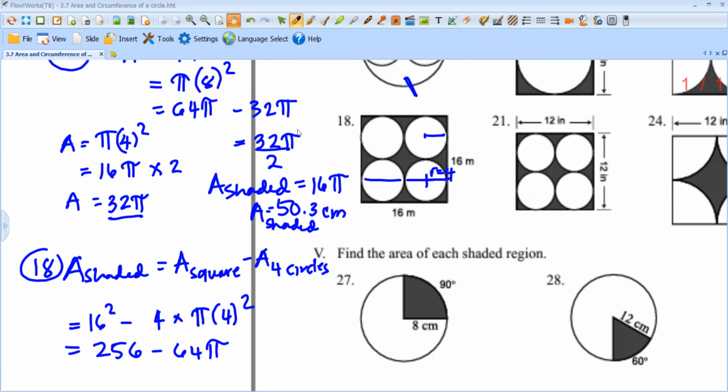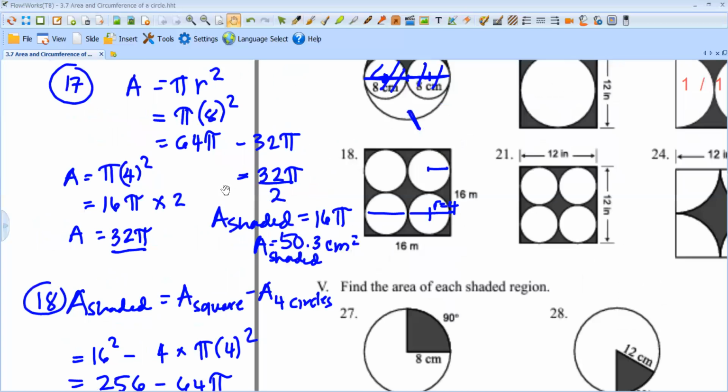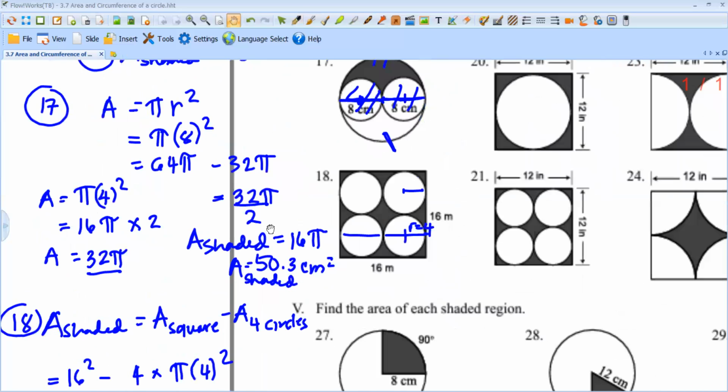So the area of the shaded is 256 minus 64 pi, which is equivalent to 54.9 meters squared. This is a square. I forgot it's an area. Okay.